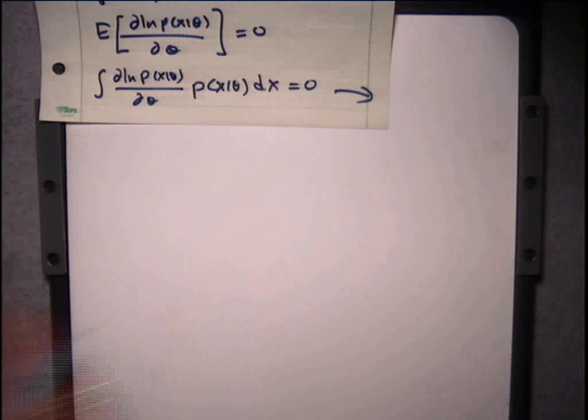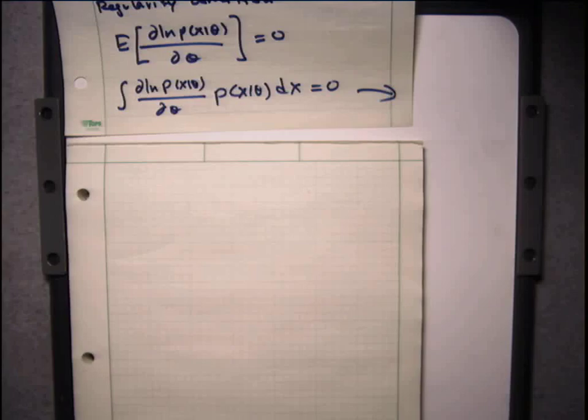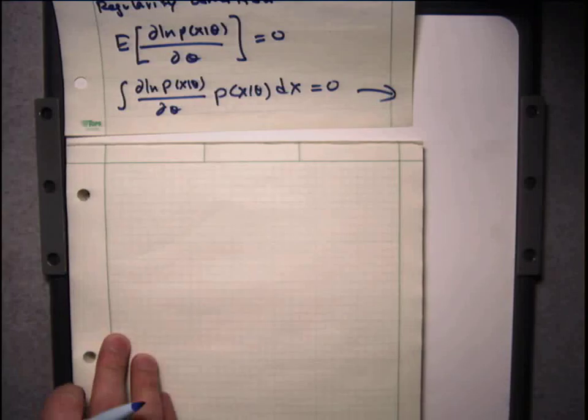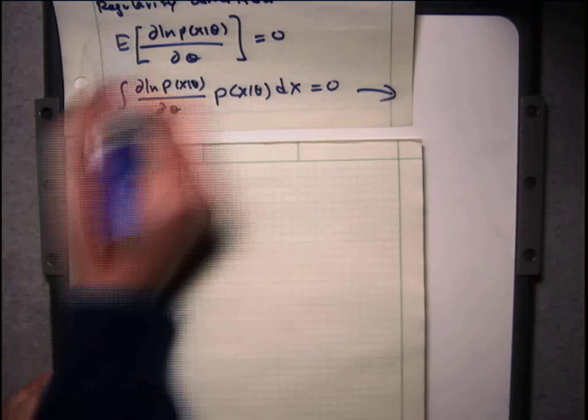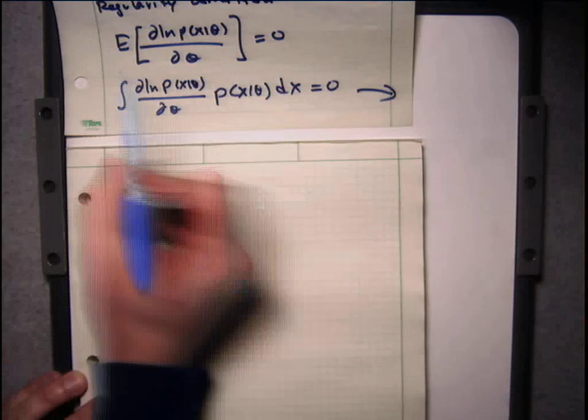I'm just reminding you of this by way of what we did last time. Okay. So now let's see if this is true, and we know that this is true.